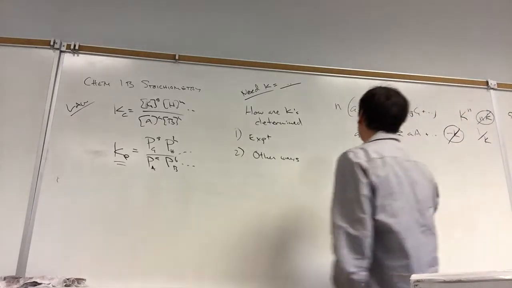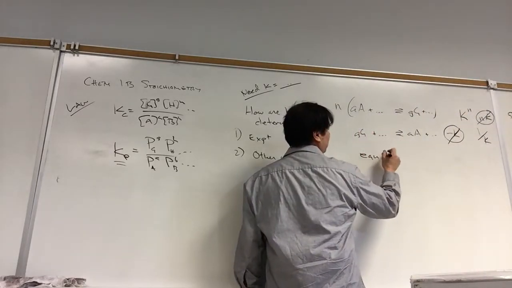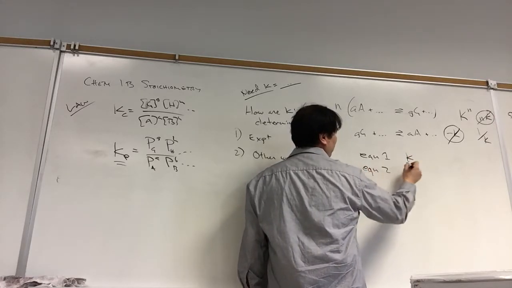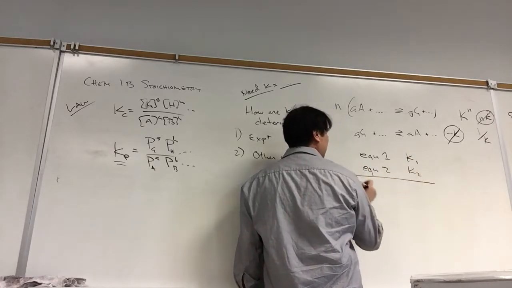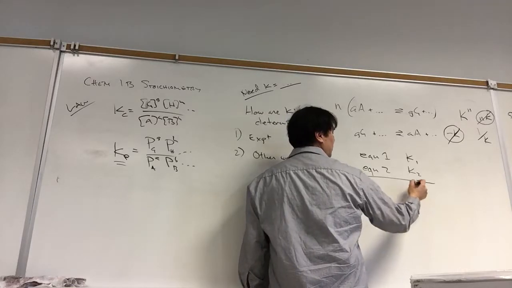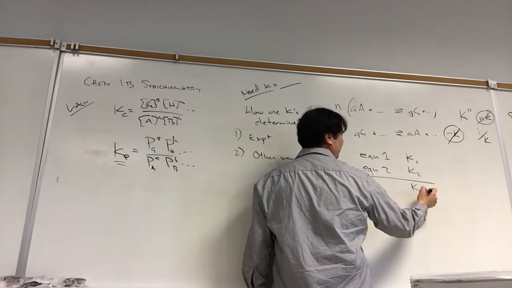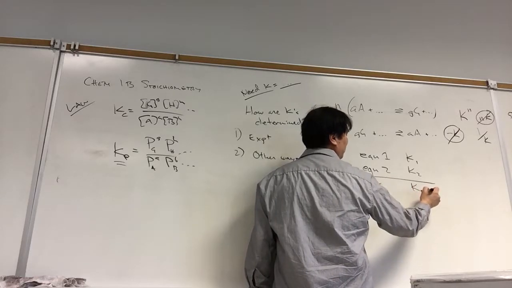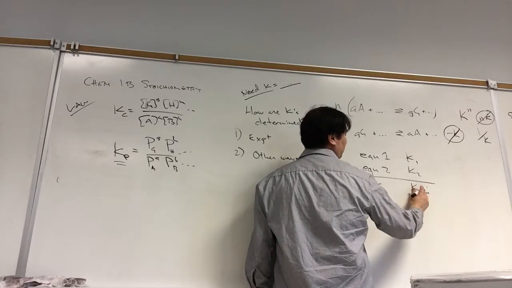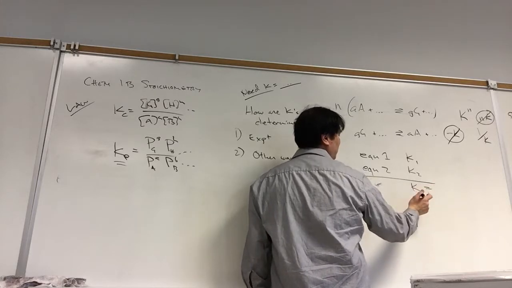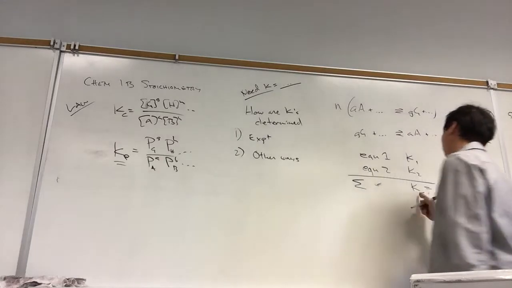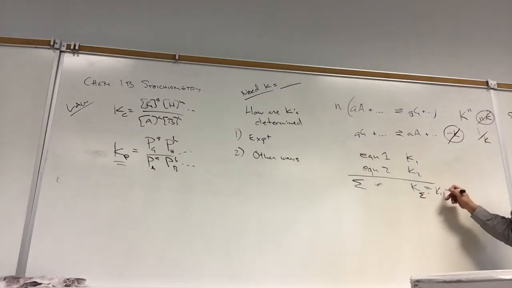And then if we were to add equations, so let's say equation 1 had K1, and equation 2 had K2. If we add these, then the K for the sum, which we'll call equation 3, is equal to what? K1 plus K2? In Hess's law, it would be K1 plus K2.